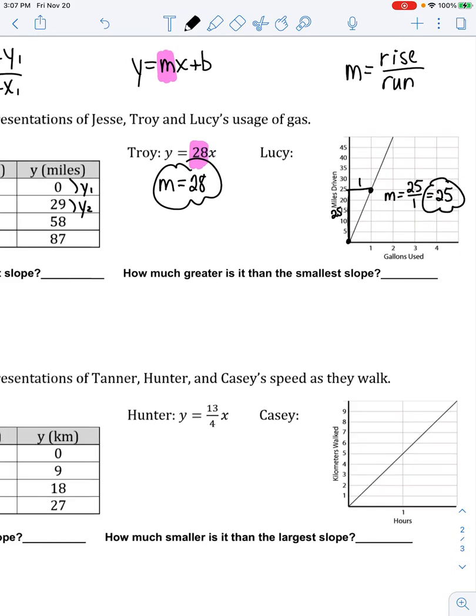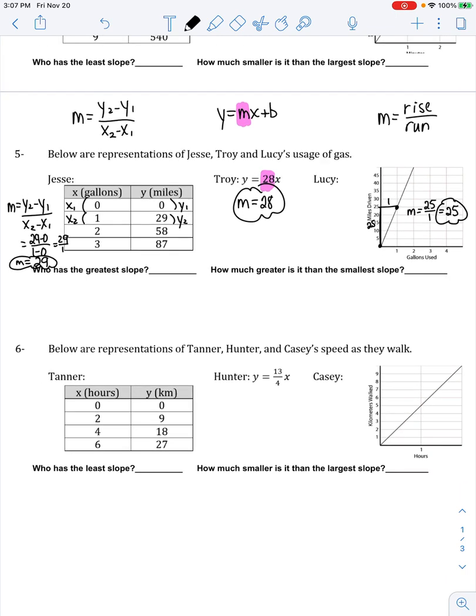So let's take a look at these numbers. Out of these 3, who has the greatest? Jesse has 29, Troy has 28, Lucy has 25. So Jesse with 29 has the greatest. How much greater is that than the smallest? Well, who has the smallest? It looks like Lucy does with 25.